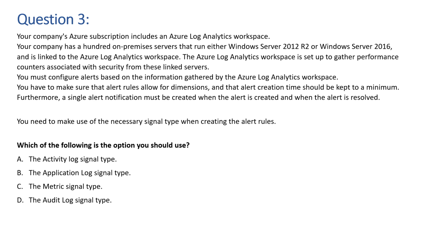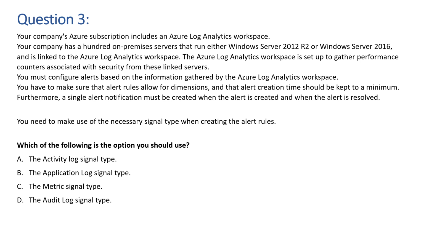You must configure alerts based on the information gathered. You have to make sure that alert rules allow for dimensions and that alert creation time should be kept to a minimum. Furthermore, a single alert notification must be created when the alert is created and when the alert is resolved. Okay, so it's a pretty lengthy question.